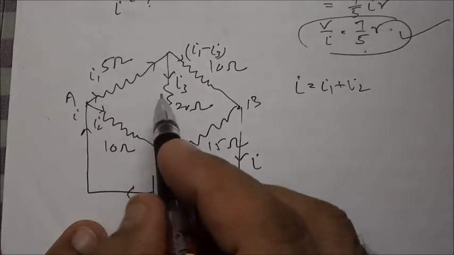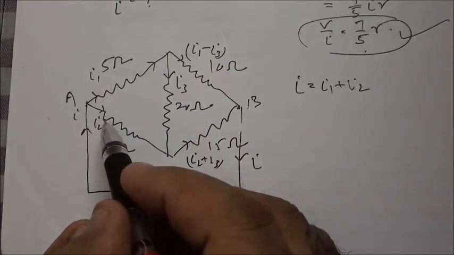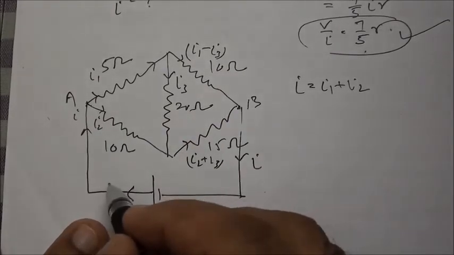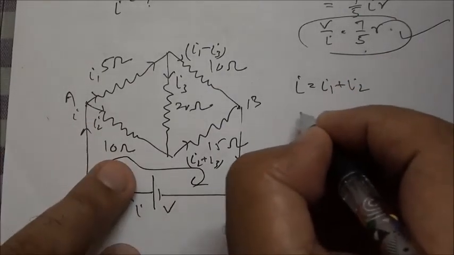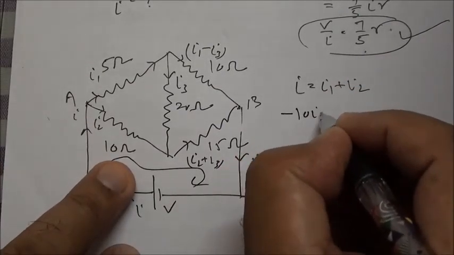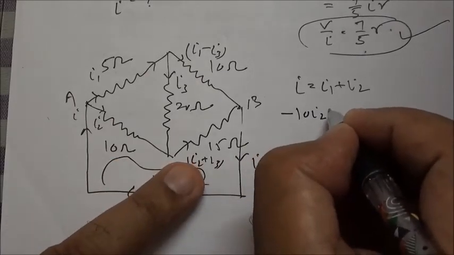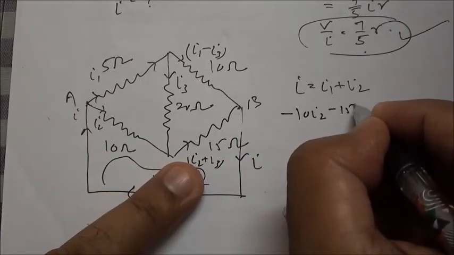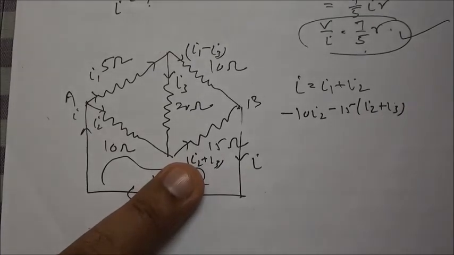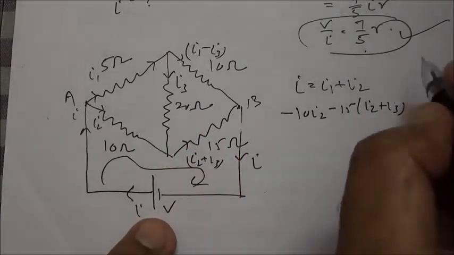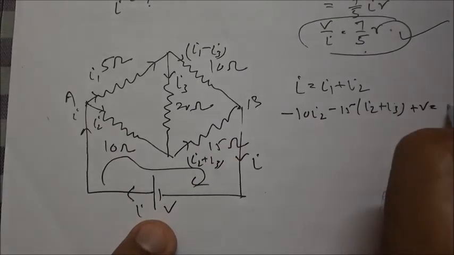And then we can frame few equations. Say for example one will be this loop, so it will be minus 10 I2 minus 15 I2 plus I3 plus V is equal to 0.